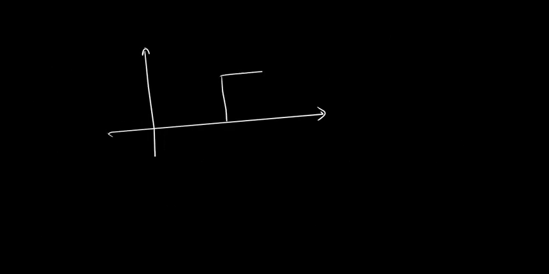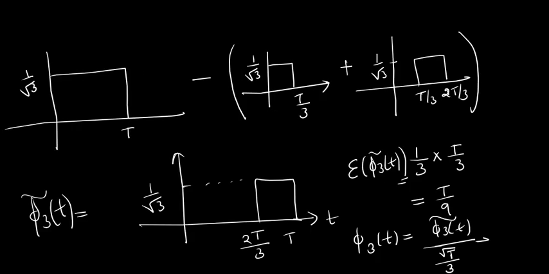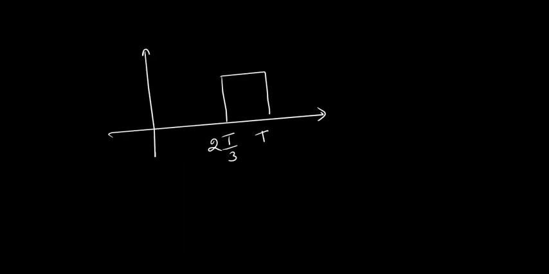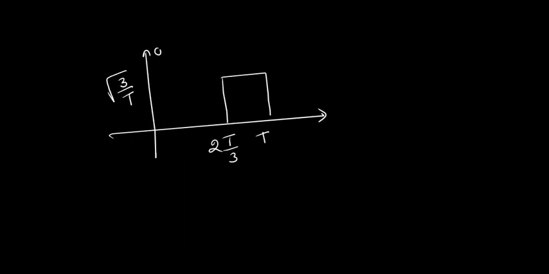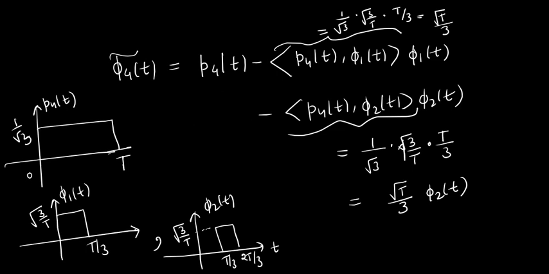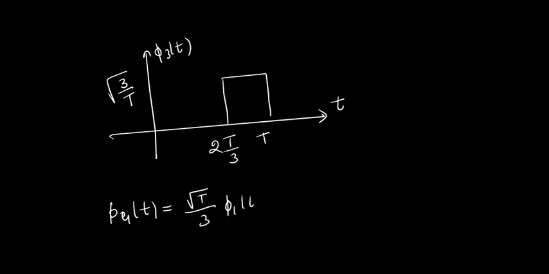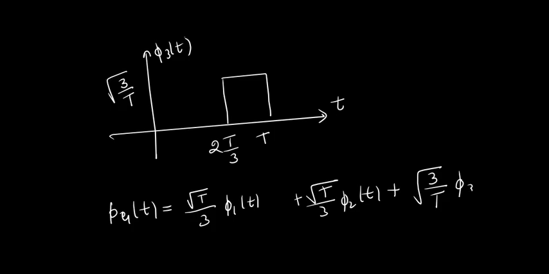That's it. So the third basis is from 2t by 3 to t, and I think you have to, square root of 3 by, yeah. So this is your phi 3 t. So now you can write your P4 t as, what is the projection? This is root t by 3 phi 1 t plus root t by 3 phi 2 t plus whatever is this root 3 by 2 phi 3 t.